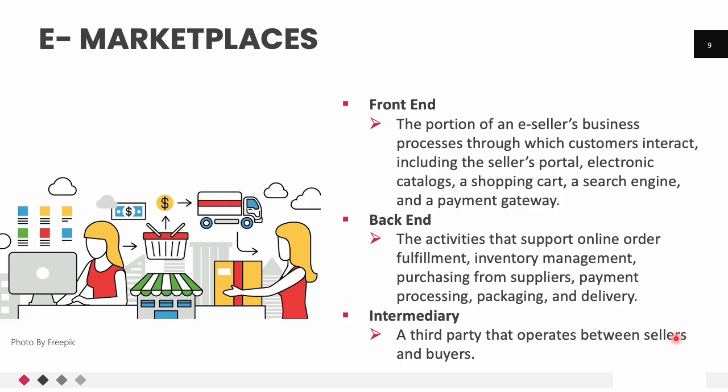For the back end, the behind-the-scenes work, it's the hidden operations that make sure your order gets to you, which includes inventory management. Inventory management tracks the stock levels and alerts when a product is sold out.